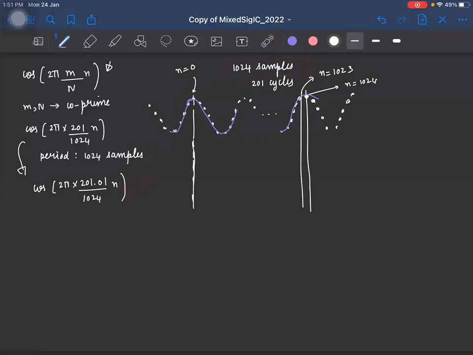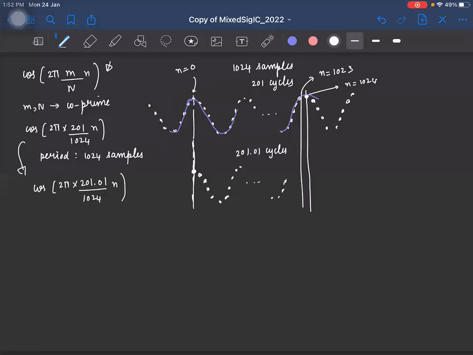How will it look? Since the frequency is 201.01 by 1024, it will complete 201.01 cycles. So the samples might look something like this.